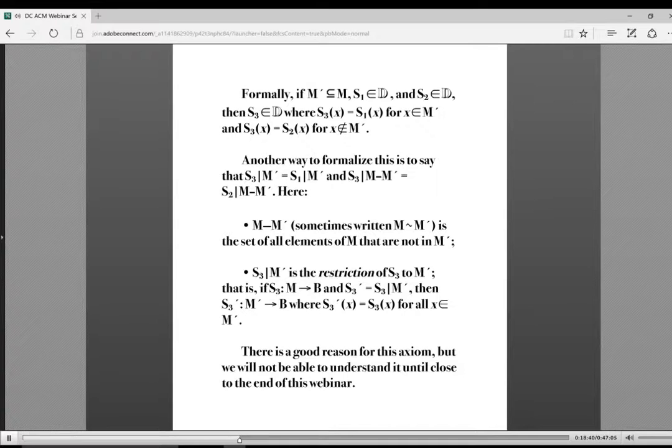And S3 vertical line M prime is the restriction of S3 to M prime. That means if S3 is a function from M to B, and S3 prime is the restriction, S3 restricted to M prime, then S3 prime is a function from M prime to B, where S3 prime of X equals S3 of X for all X in M prime.